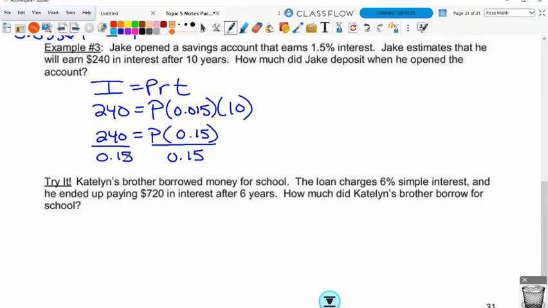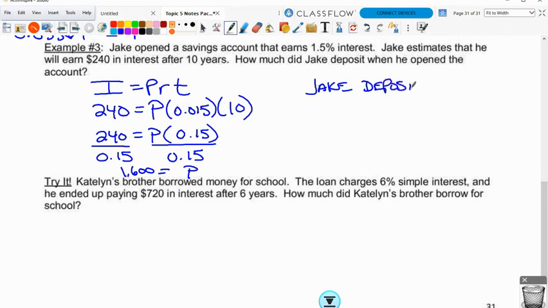On the right-hand side, 15 hundredths divided by itself is 1, leaving us with P. And on the left-hand side, 240 divided by 15 hundredths is 1,600.